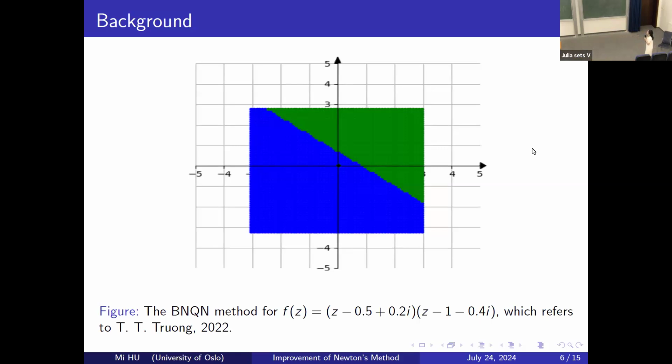If we apply this backtracking Newton method, then we have a very similar picture to the Newton method. You choose any starting point in this blue area, it will converge to one root, and on the other hand, on the other side they converge to the other root. On this line, it is very like the perpendicular bisector of these two roots. So this is for the case where your f is a quadratic function.